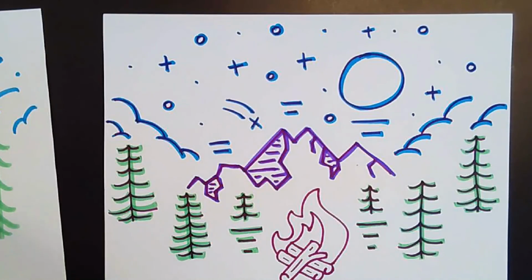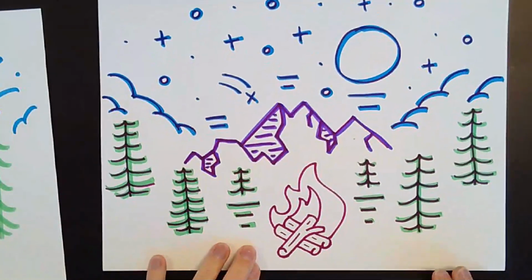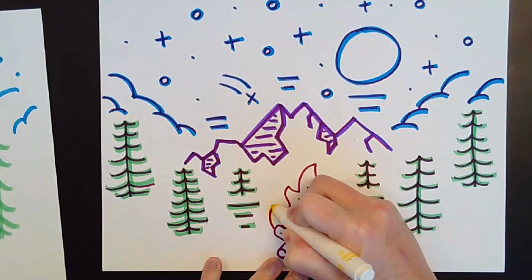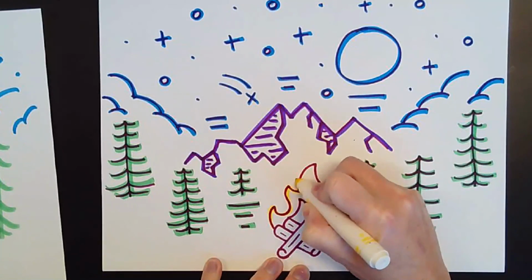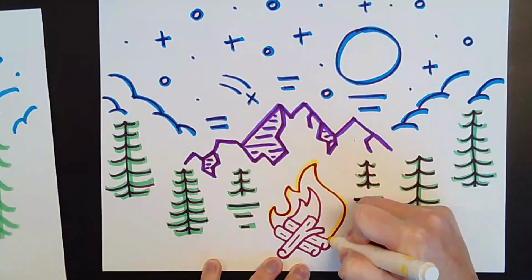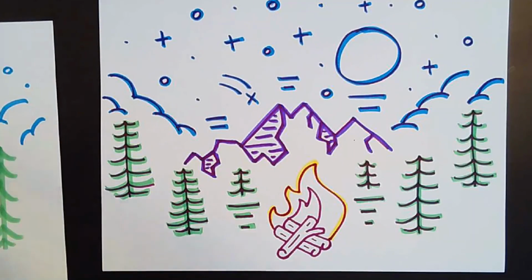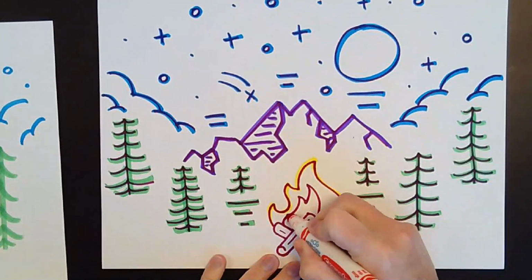Now for your campfire, we're only going to use yellow and red. The outer flames are yellow. Inner flames are red.